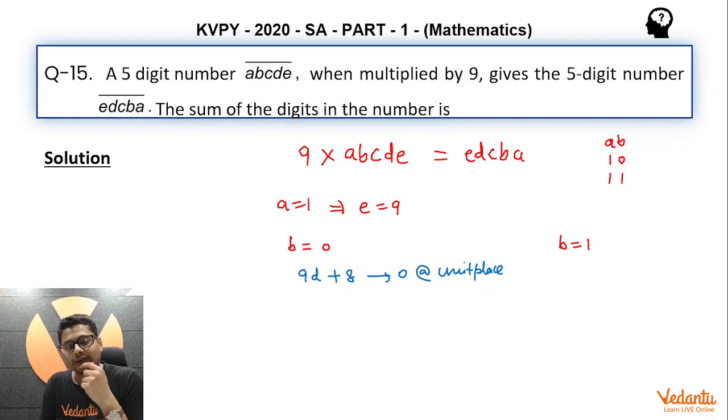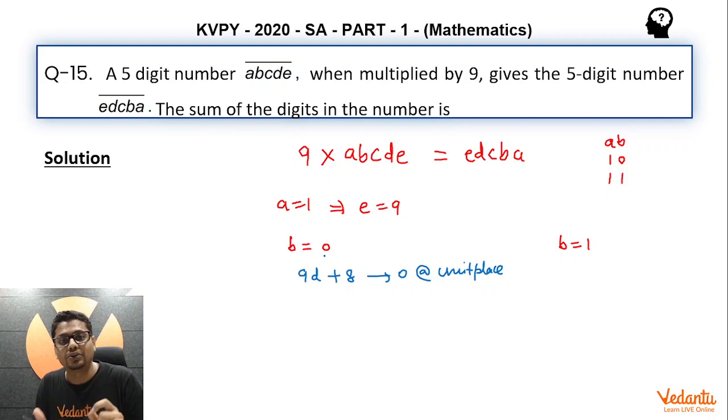Now check it out. When you take D to be 0, 0 plus 8, 8 is what you are getting, not 0. 9 times 1, 9, plus 8, 17. That means 7 is what you are getting and B is supposed to be 7. But here, B is supposed to be 0. So 9 times 2 plus 8 gives you 26, 6 being B. But that's contradictory.